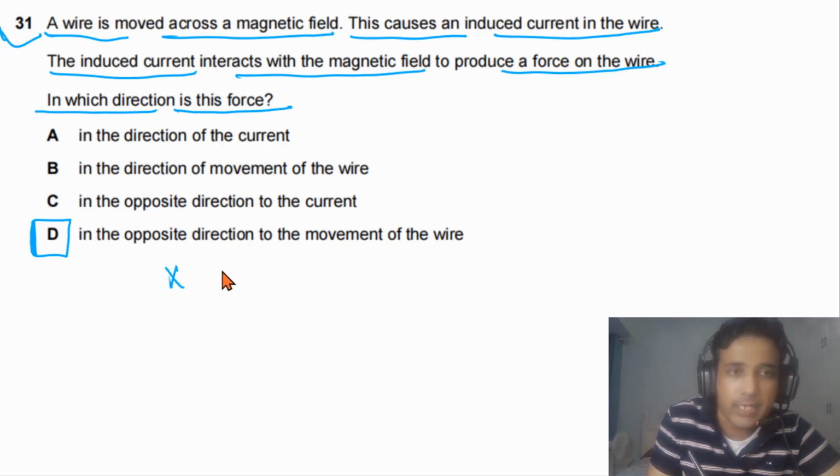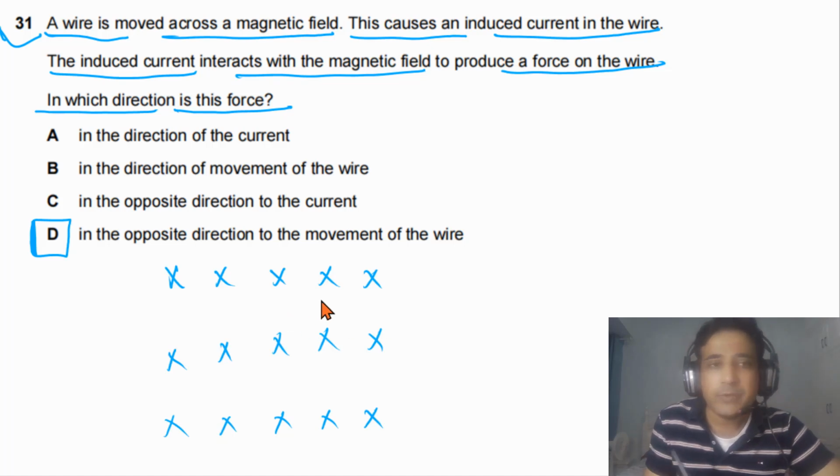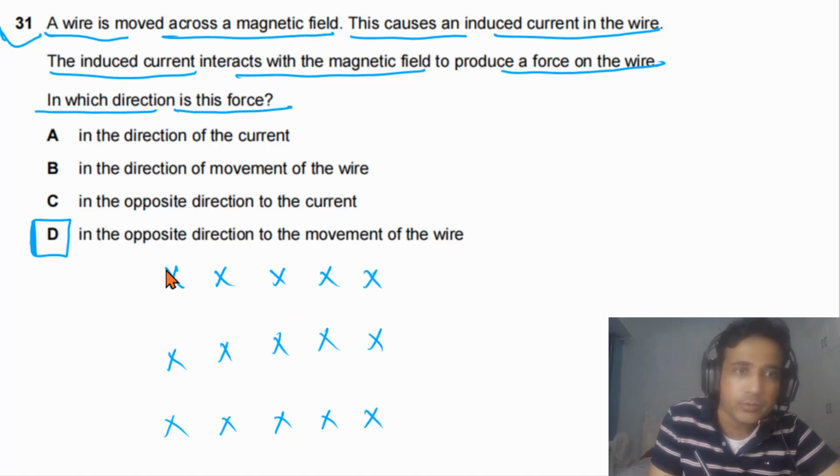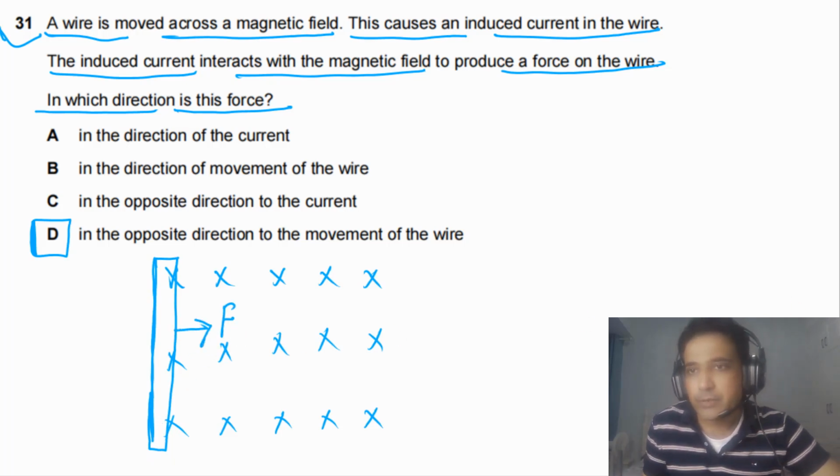Imagine that we have a magnetic field that is into the page. So we can draw the magnetic field into the page, and we have a wire. You can imagine that here we have this wire, and we move this wire to the right.